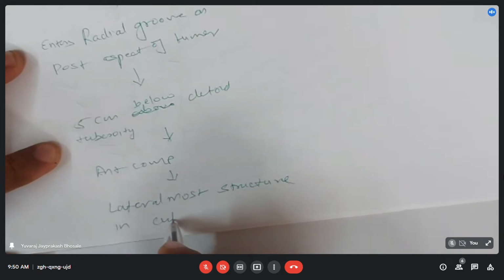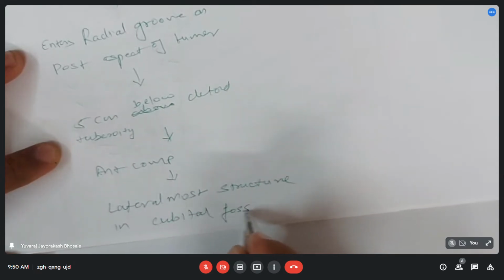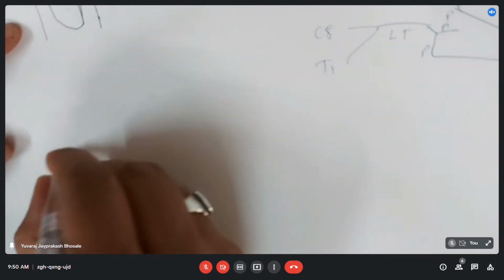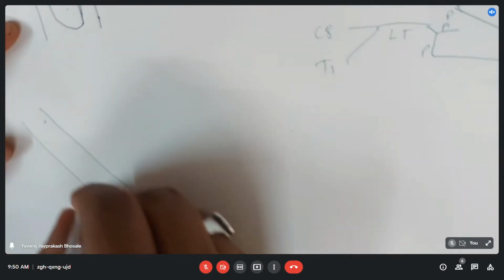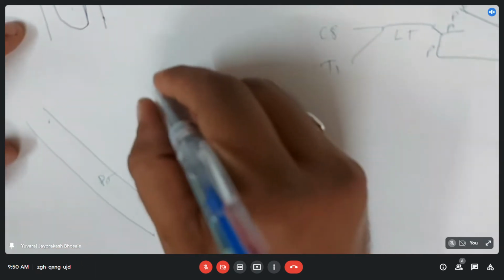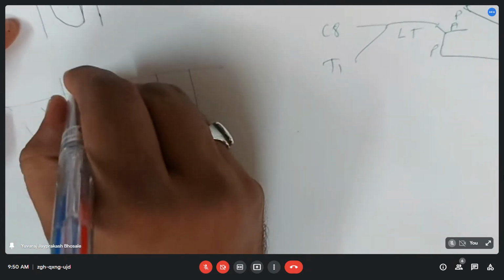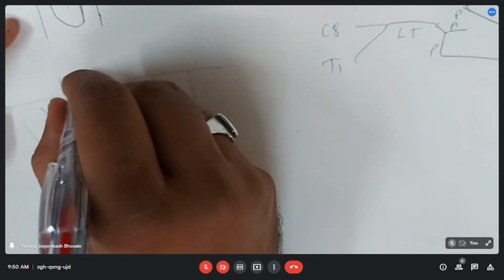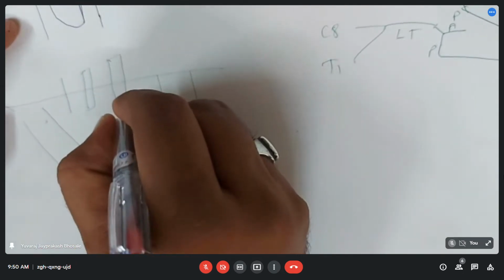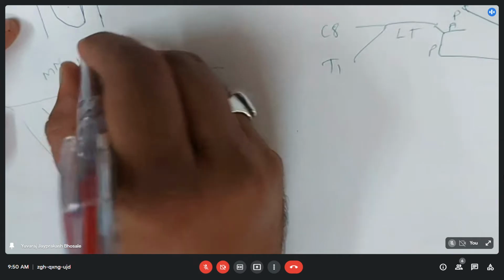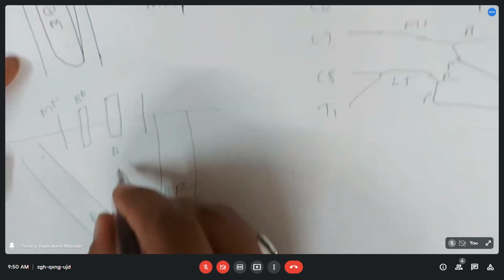In the cubital fossa, I want to remind all of you that when we studied the cubital fossa, we said this is the medial boundary formed by pronator teres, and this is the lateral boundary formed by brachioradialis, and then there are 4 structures: 1, 2, 3, and 4. 1 was median nerve, 2 was brachial artery, 3 was biceps brachii tendon.